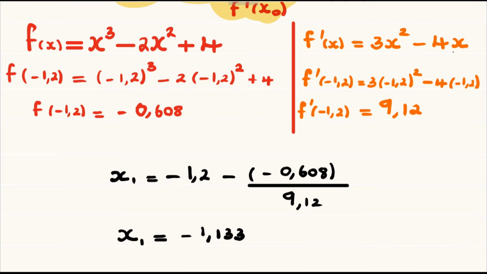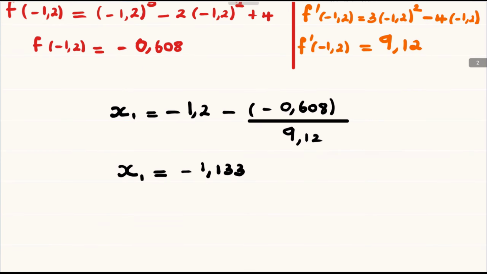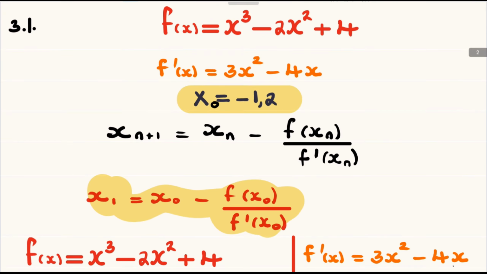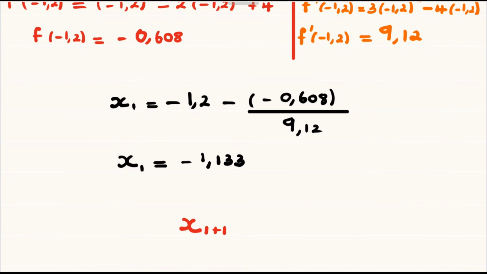Now we determine x2. Remember the formula was x subscript n plus 1. So now we have x subscript 1 plus 1. So in that formula we have n plus 1, but 1 plus 1 is equal to 2.